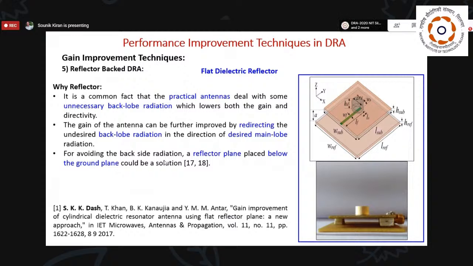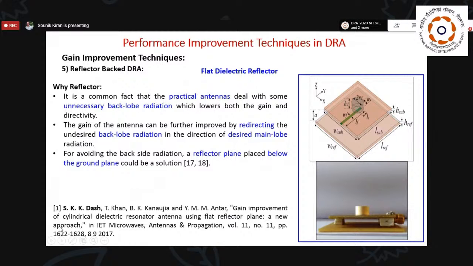For avoiding the backlobe radiation, a reflector plane placed below the ground plane could be a solution. Those techniques, the references I have given, 17 and 18, have been used not for DRA but for other antennas. We thought to introduce this kind of reflector technique in our dielectric resonator antenna. On the right hand side figure, we have shown the structure of the DRA.